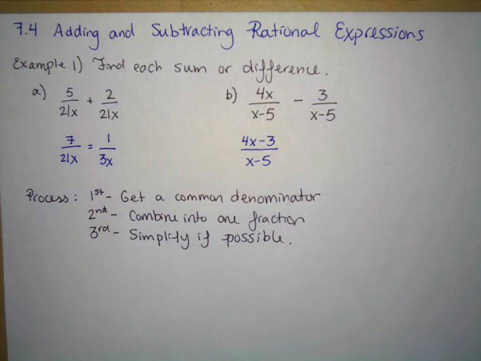So now let's take a look at what happens when the problem doesn't already have a common denominator, when we have to do a little bit of work to make that happen first.